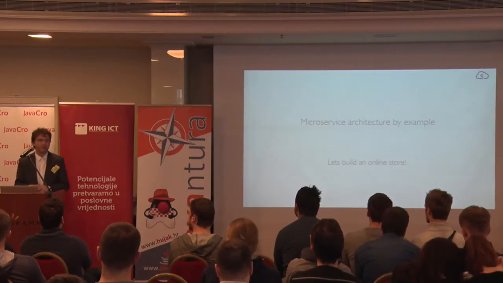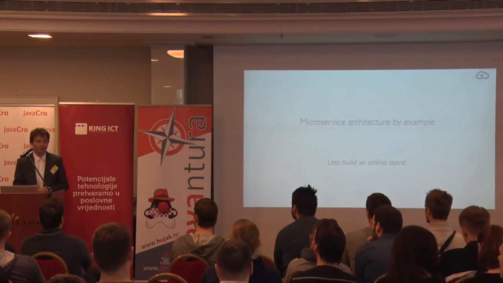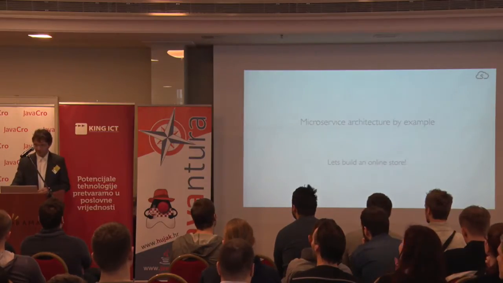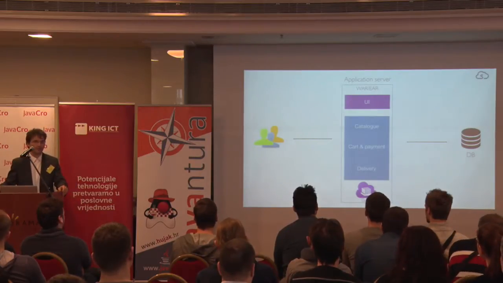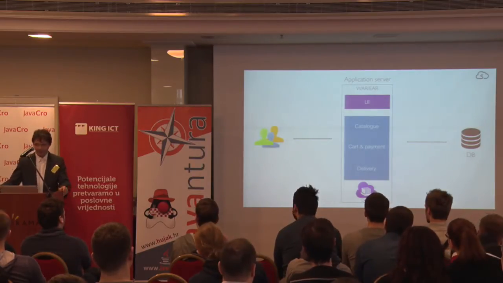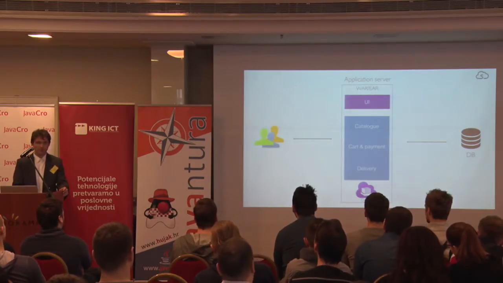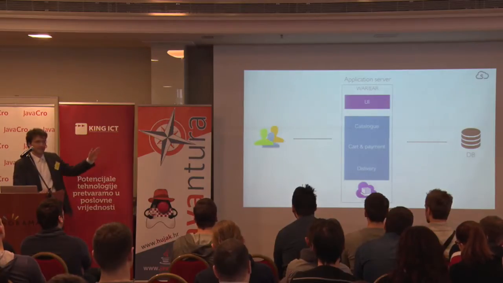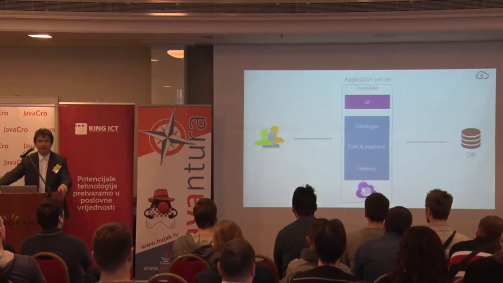What we will do here is build an oversimplified web store. If we would develop such a web store in a classical JEE manner, this would basically be an application which would consist of, in this example, 3 services: the catalog, cart and payment, and delivery.